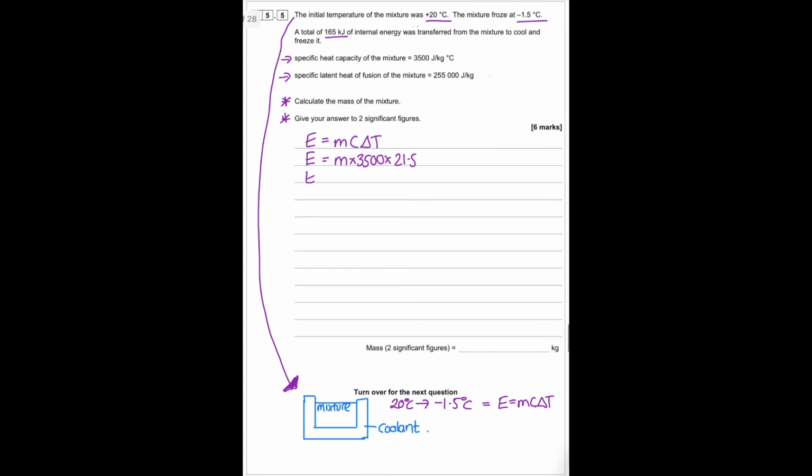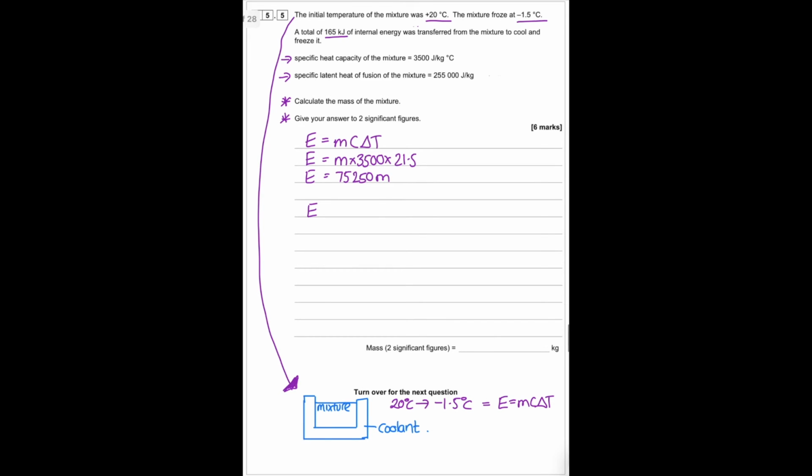So the energy, if we calculate out those numbers, is going to be 75,250 times the mass.